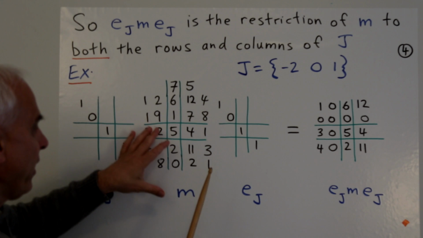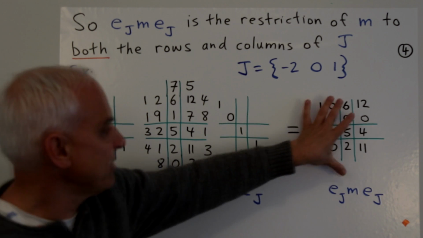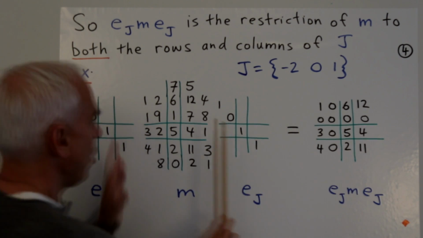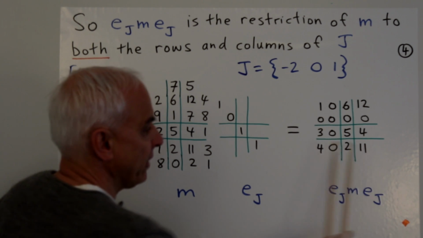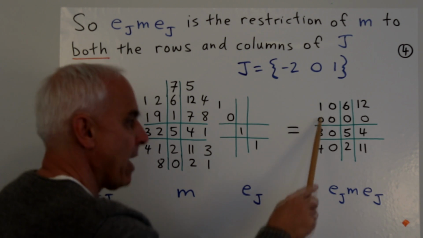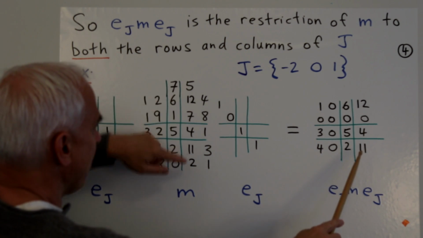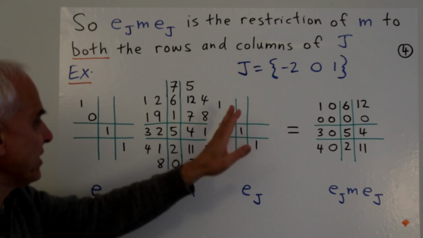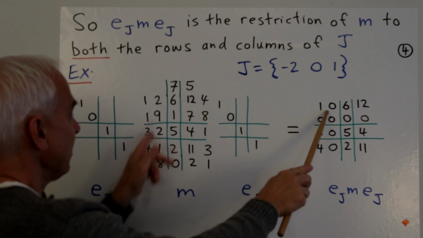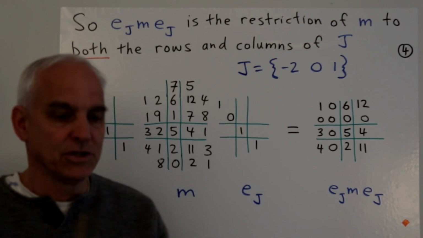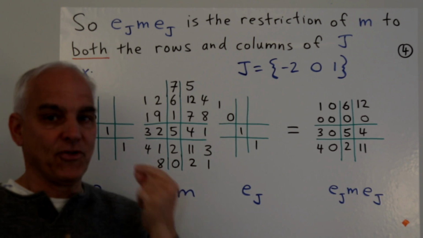And if we ignore everything which is not in both the rows and columns that I've just mentioned, then we get this thing here. So this is the restriction of this to the rows minus 2, 0, and 1, and to the columns minus 2, that one there, 0, that one there, and 1, that one there. So everything outside gets killed, and everything that's in, say, one row but not a column ends up being killed. So the only entries that are left are the ones in the rows and columns of J.